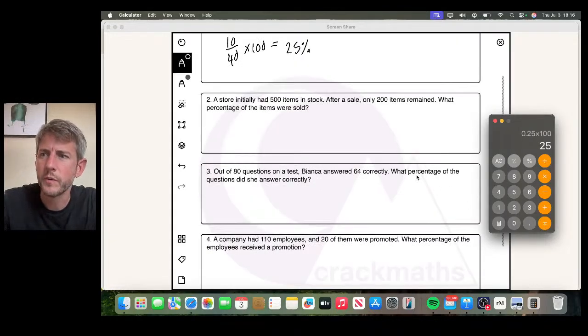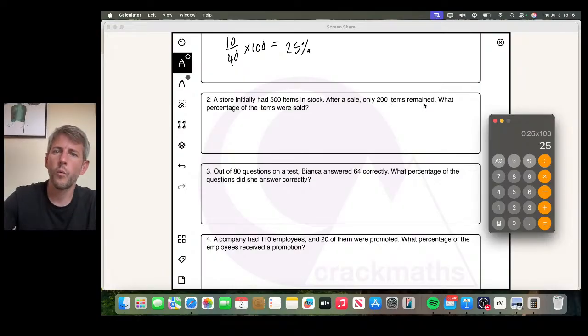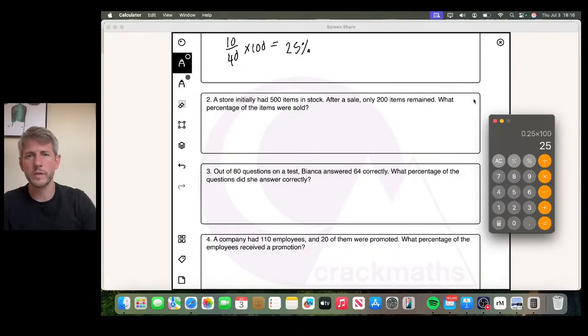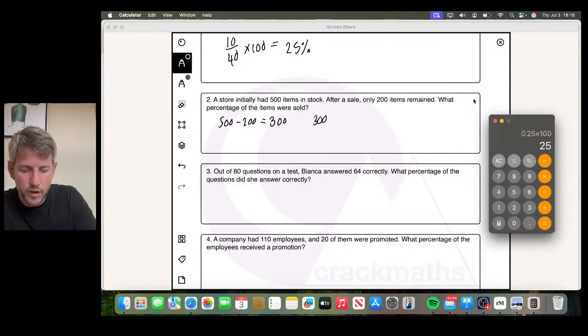Okay, question 2. It says a store initially had 500 items in stock. After a sale, only 200 items remained. What percentage of the items were sold? Right, so first of all, let's work out how many items were sold. So we've got 500 take away 200, gives us 300 items were sold. So that's 300 items out of 500 items.